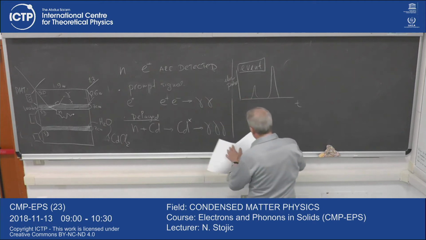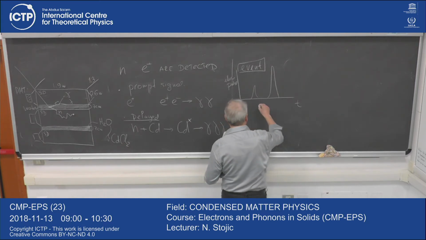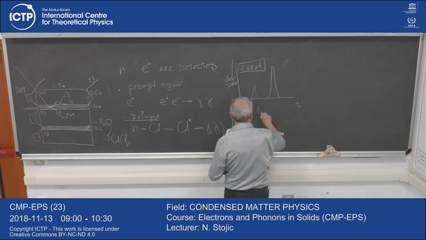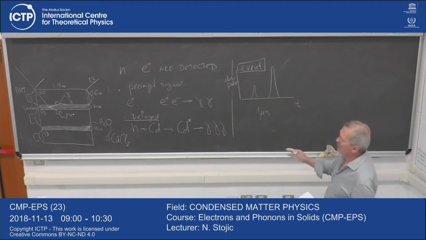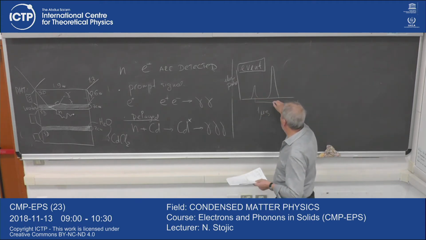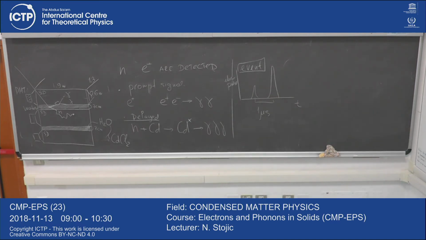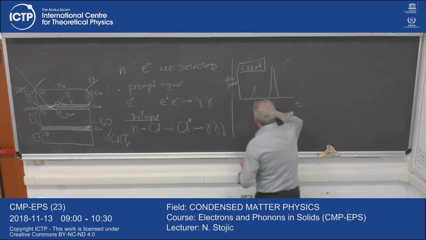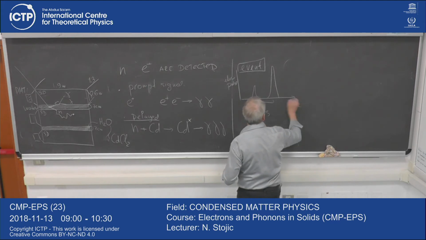And these two pulses are separated by something like 1 microsecond, which is 10 to the minus 6 seconds. This is the typical time a neutron travels before being captured by cadmium. Oh, sorry, this is 10 microseconds. So that's 10 microseconds separation of time.